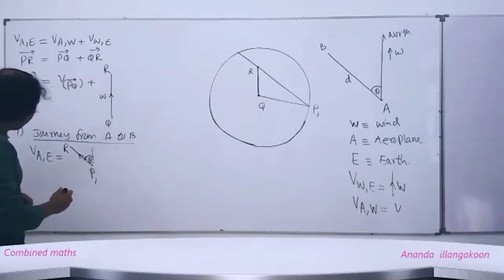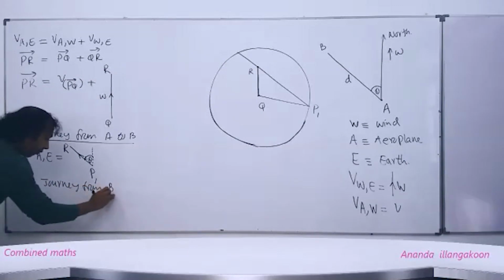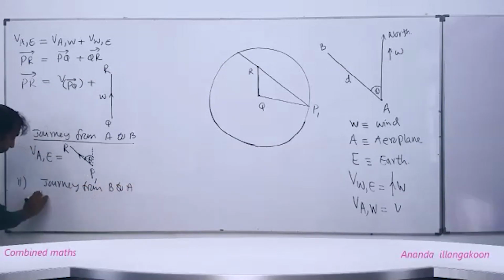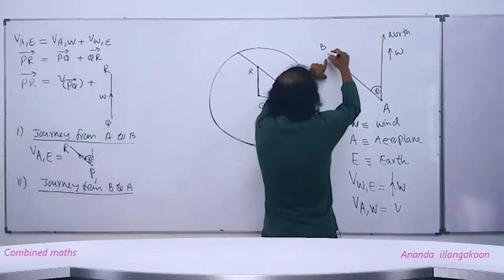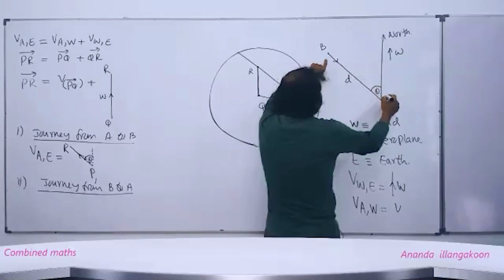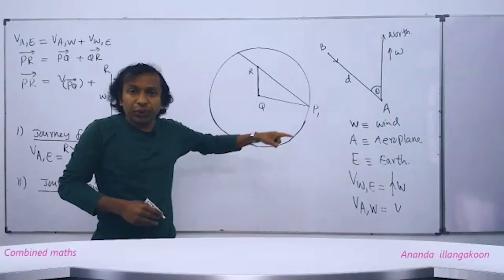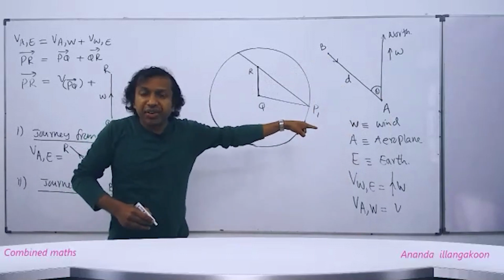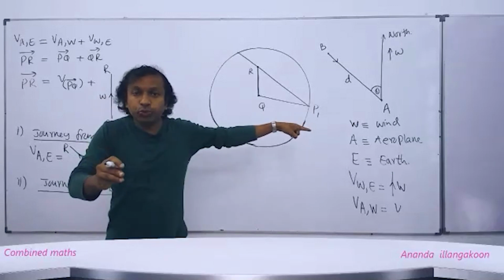Secondly, people, I consider the second journey from B to A. After reaching city B, the aeroplane should move again toward A. Then in backward motion, in order to come to city A, definitely the velocity of the aeroplane relative to Earth should be pointing along the BA line.